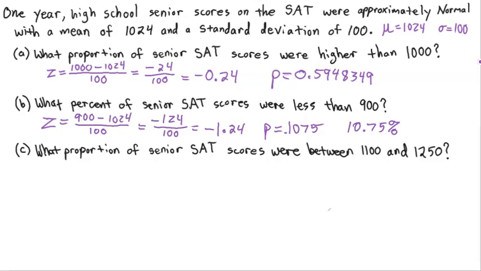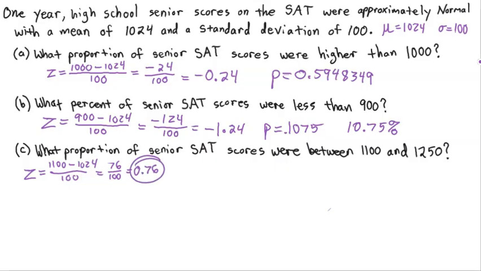Well, in order to do that, we need a z-score for 1100 and a separate z-score for 1250. So for 1100, z is going to be equal to 1100 minus 1024 divided by 100. And that's going to give us 76 divided by 100, which is 0.76.